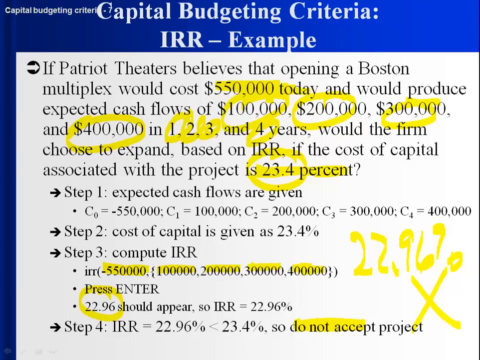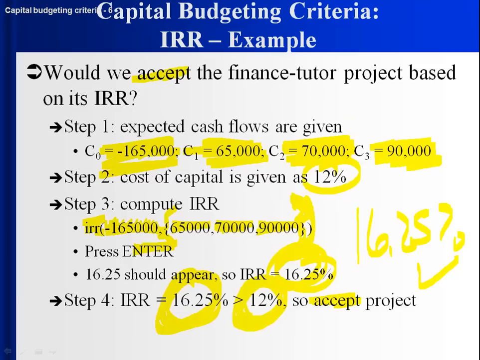So the first project had a cost of capital of 12%. This one has 23.4%. This one's much riskier. So here, the 16.25 was better than you could get with stocks and bonds of the same level of risk as the project, so you do it.